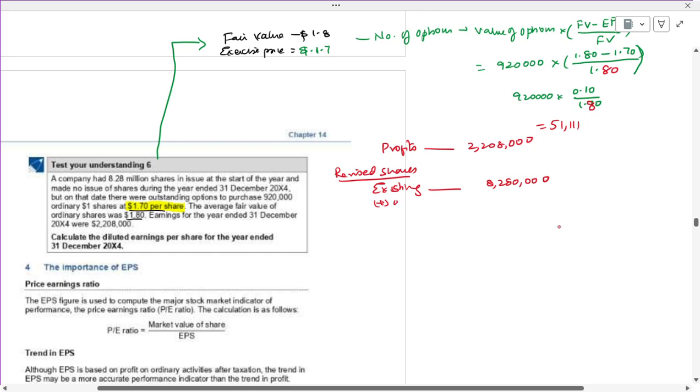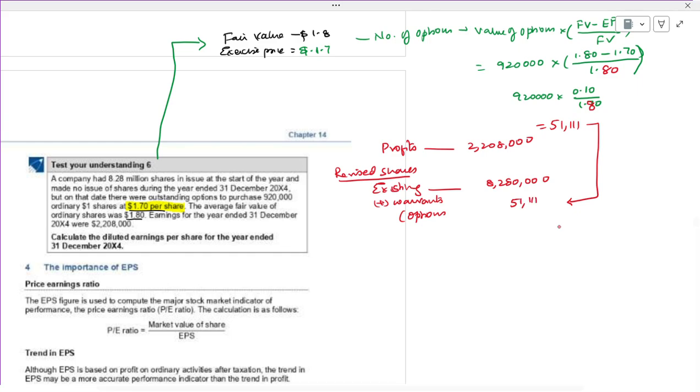Add options, how much? 51111. It comes to how much? 828 plus 51111. Check. 8331111.